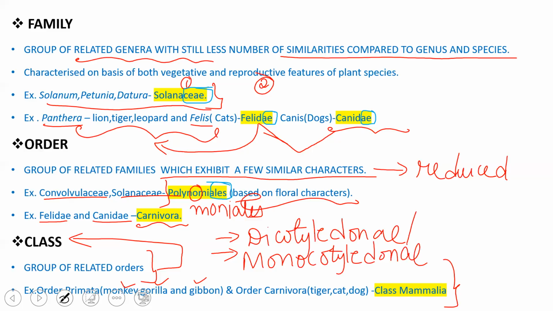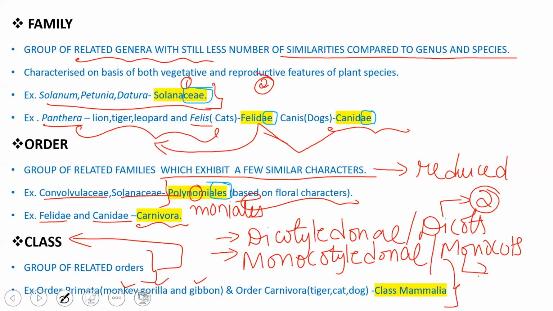Dicotyledonae can also be called dicots. Monocotyledonae can also be called monocots. The one which has two cotyledons is called dicots. The one with a single cotyledon is called monocots.